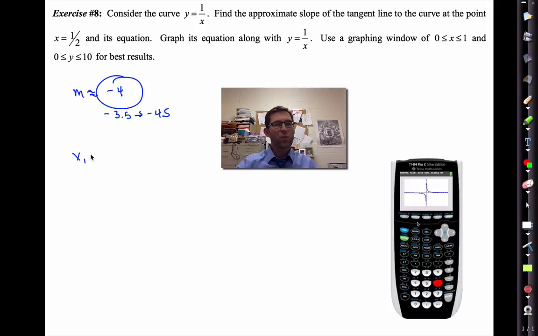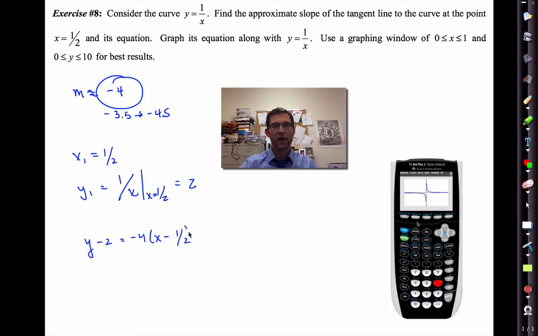We know that x1 is 1/2, y1 will be 1 divided by x, when x is 1/2, and that's going to be 2. So we're going to have y minus 2 equals -4 times x minus 1/2. Rearranging it into a more useful form, -4 times x minus 1/2 plus 2.